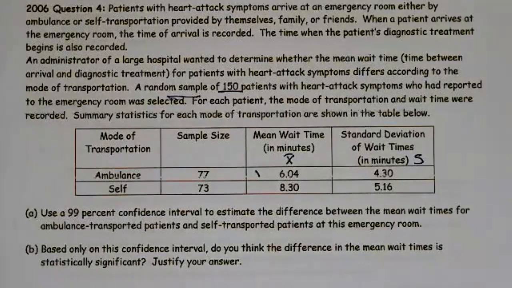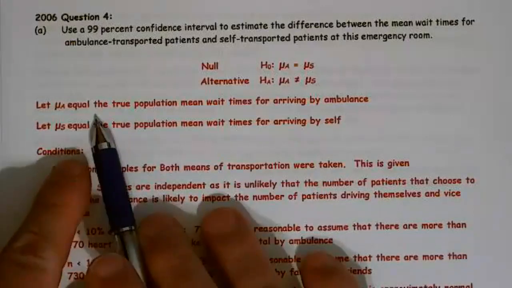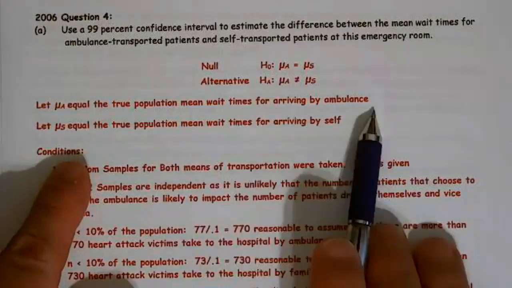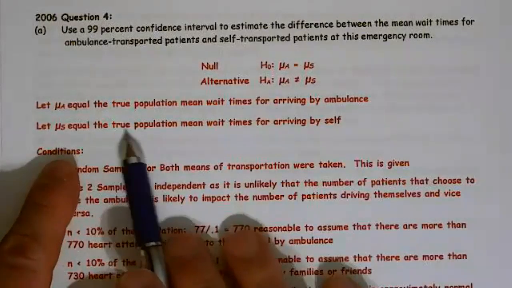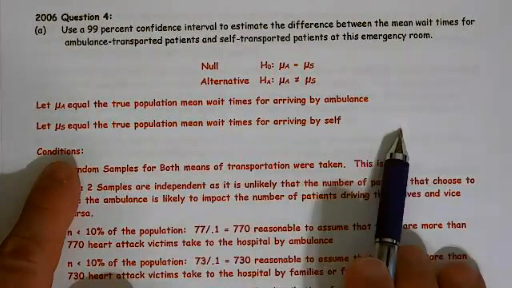So I need to start off by defining my parameters. And I started off by saying, let mu A, or could it be mu 1, equal the true population mean wait times for arriving by ambulance, and mu S equals the true population mean wait time for arriving by self, family, or friends.